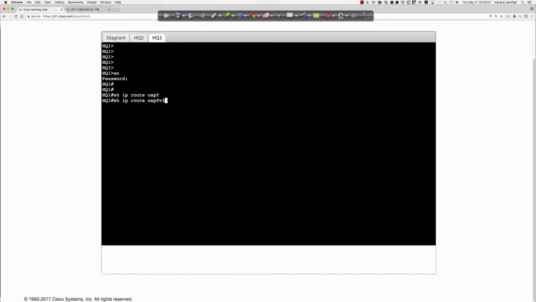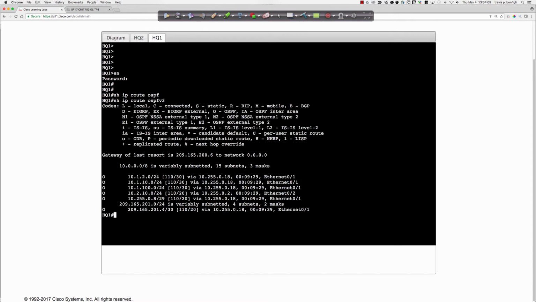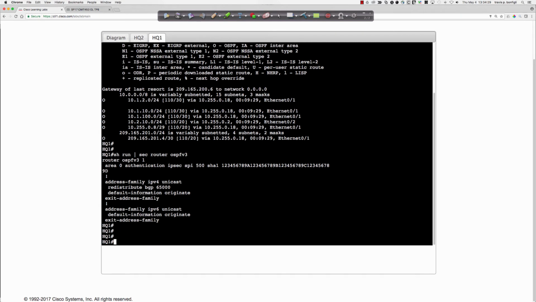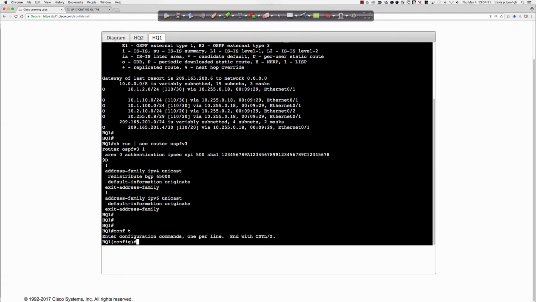Nothing. OSPFv3. There we go, and it doesn't appear that we're doing any. Are we doing any redistribution here? Show run section router OSPFv3. Oh yeah. Okay, so we're redistributing off of HQ1. I thought I would see more external information there.